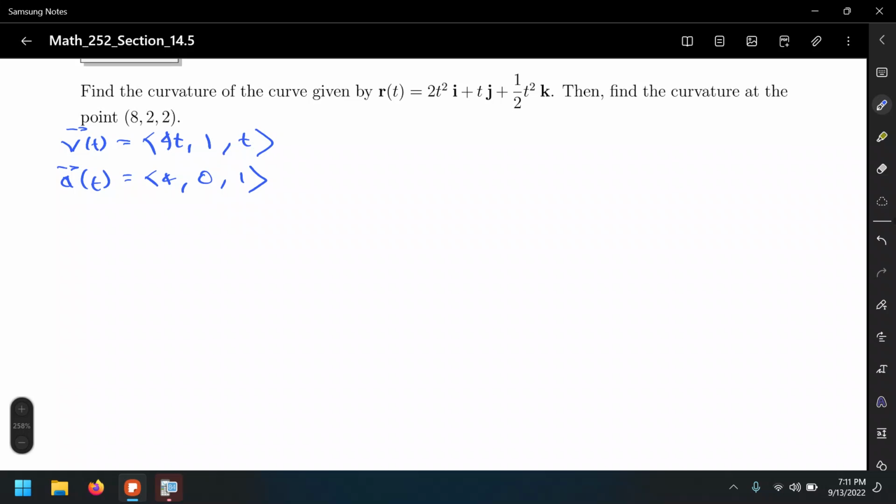Well, we need to find the cross product between the velocity vector and the acceleration vector in this order. Recall that if you do it the other way around, it's going to give you essentially the same vector, but with the opposite sign for the components. So i, j, and k.